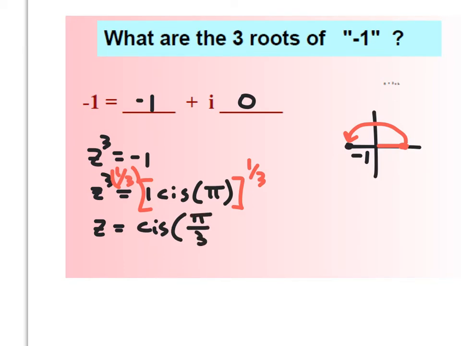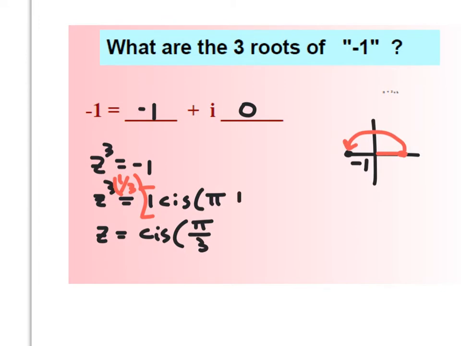However, let me backtrack here for a moment. This is going to happen an infinite number of times. So it's going to happen every 2 pi units after or before pi.